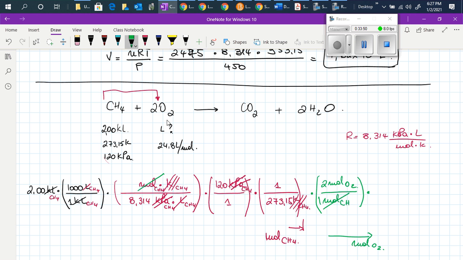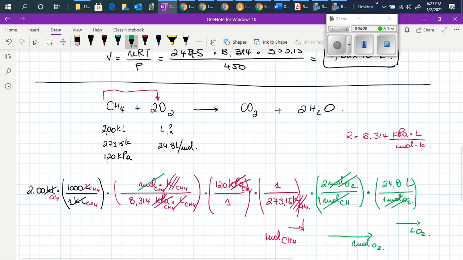And now we are looking for liters or volume of oxygen at SATP conditions, which has a molar volume of 24.8. So now 1 mole of oxygen is occupying 24.8 liters of oxygen. So moles of oxygen and moles of oxygen is canceled out. And then you are ending up here with liters of oxygen. And this is what we want.